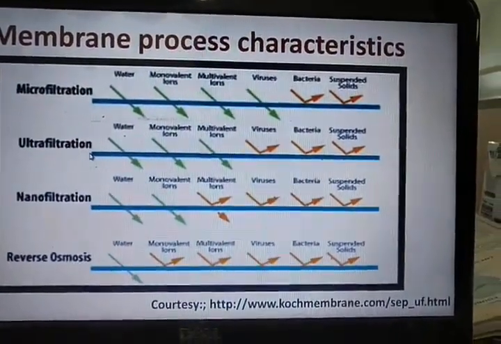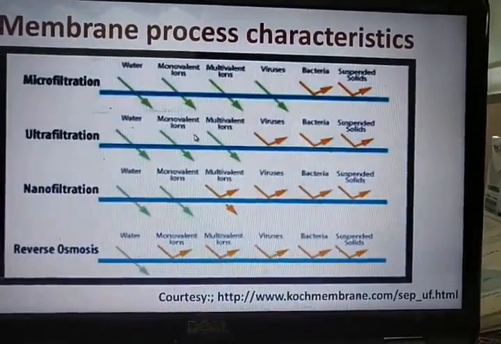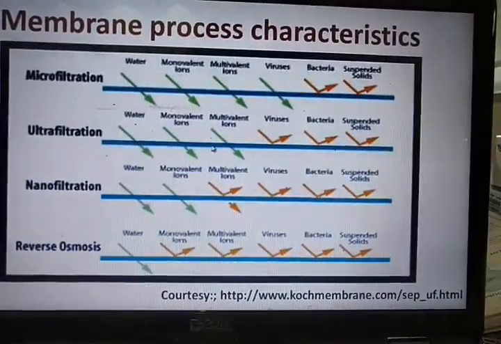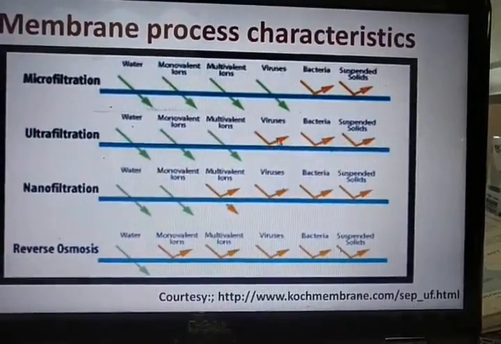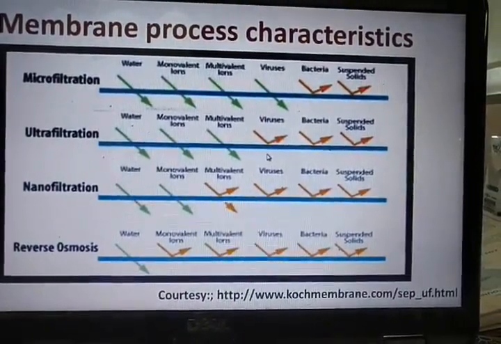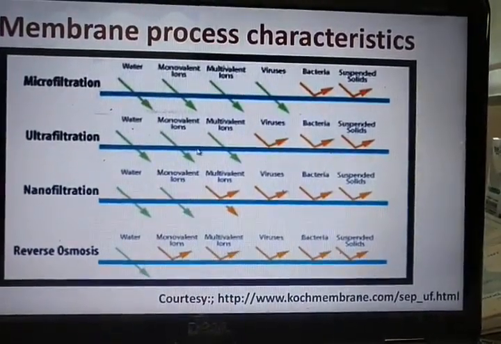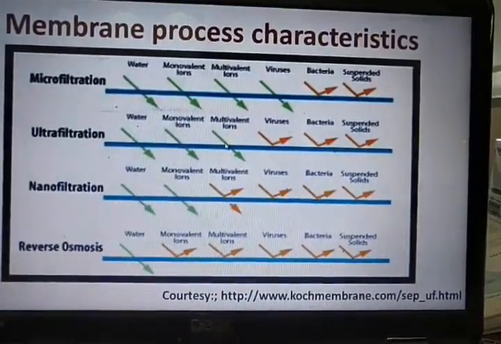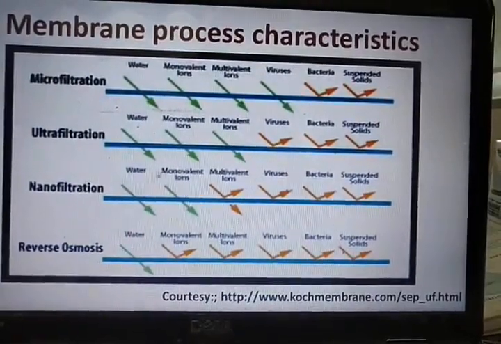In the next stage, ultrafiltration, where the pore size is reduced, some of the viruses can also be removed, whereas monovalent and multivalent ions are still found in the permeate.